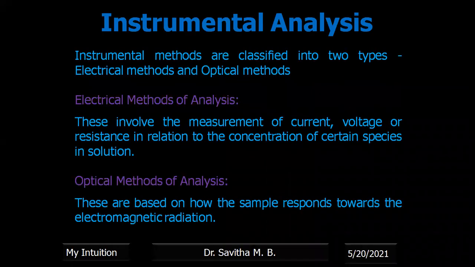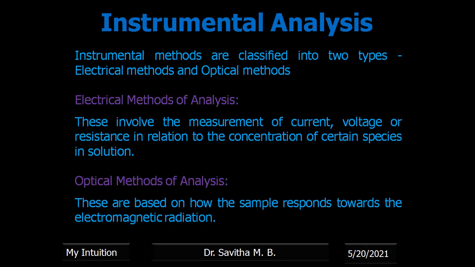Giving an introduction to instrumental analysis: it is a method of analysis to find out the chemical species in a solution. You can do it by volumetry or by using instrumentation. Instrumentation methods are classified broadly into electrical methods and optical methods.